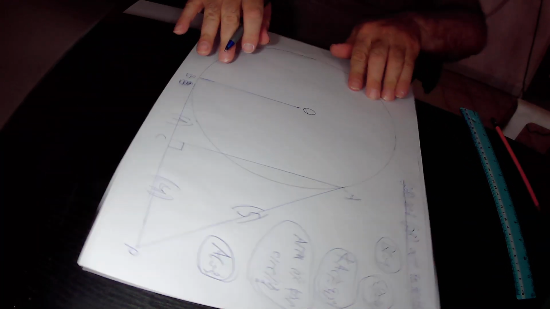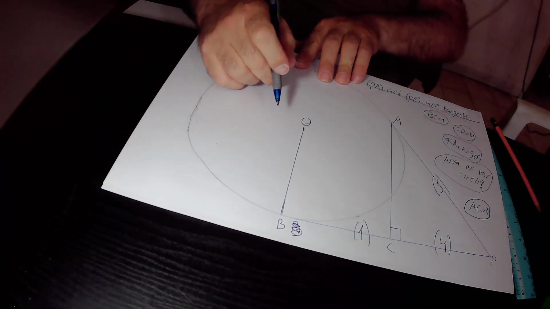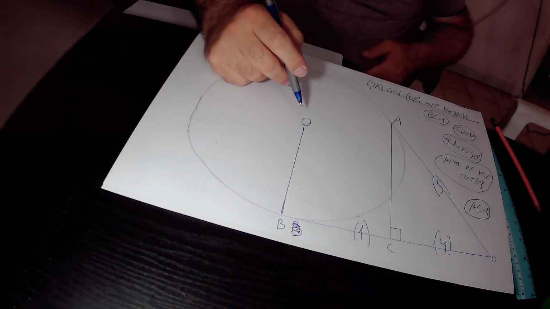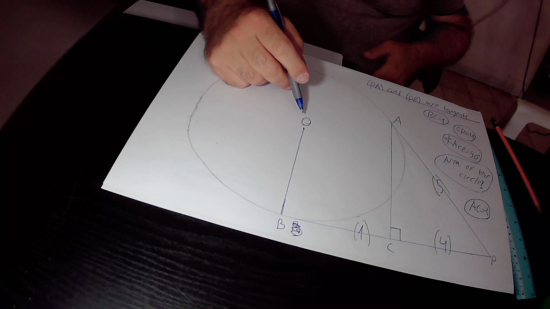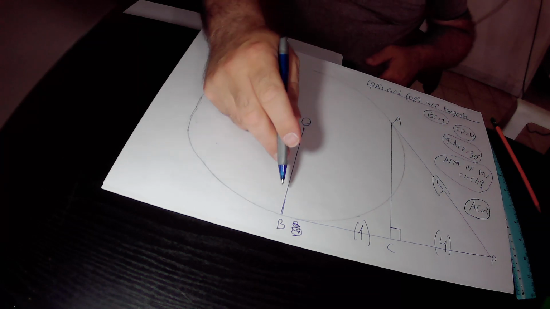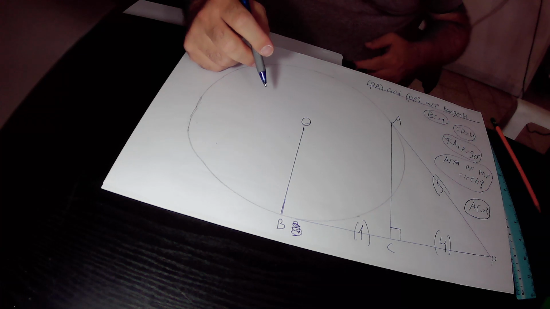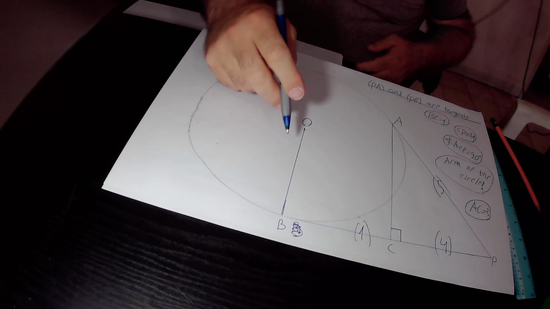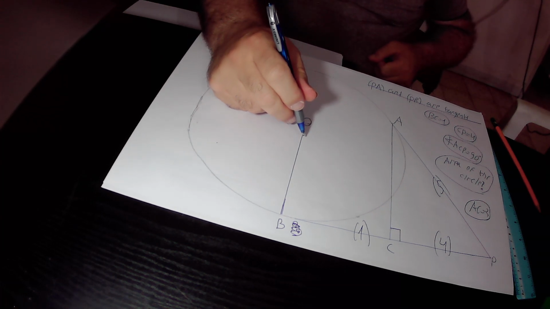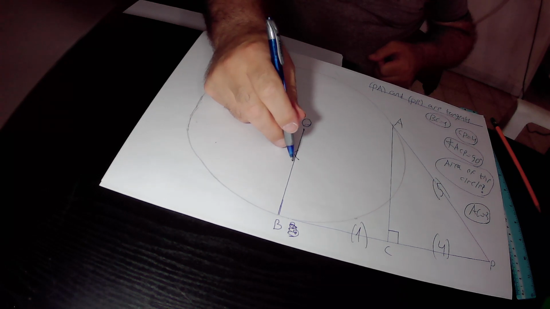What is the definition of line segment OB? Line segment OB starts from point O, that is the center of the circle, and then at point B, that is a point on the circle itself. So this is exactly the definition of a radius. Therefore, OB is the radius of the circle, that is equal to R according to our definition.